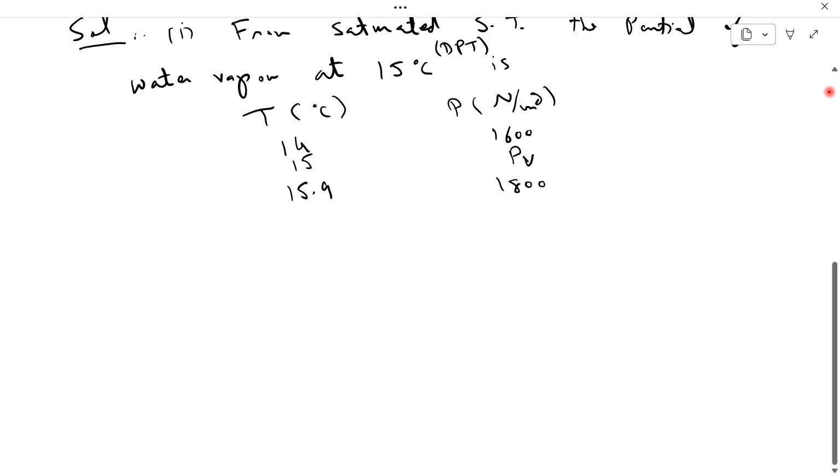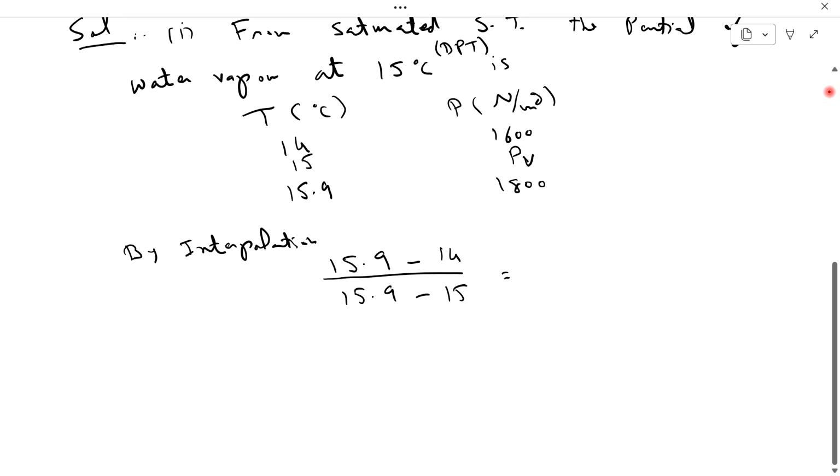So by interpolation, (15.9 minus 14) divided by (15.9 minus 15) is equal to (1800 minus 1600) divided by (1800 minus PV).